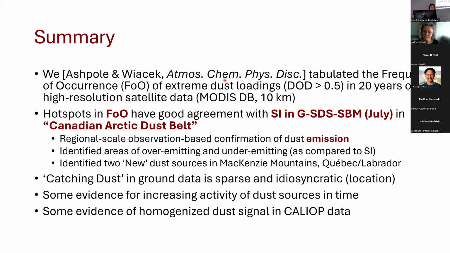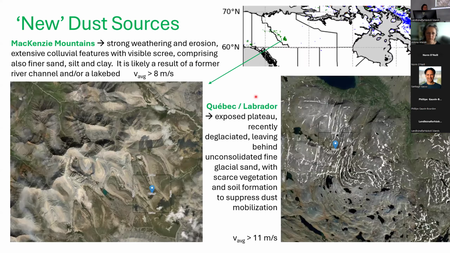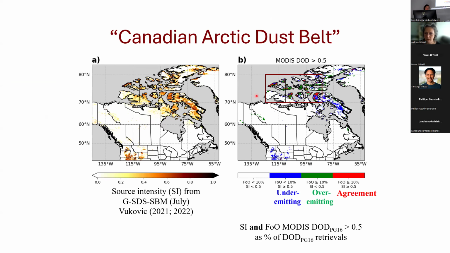Hi, thanks a lot for the very interesting talk. I have a question. It's not off topic, but then again, a little bit. Right in the lower right corner of the Canadian Dust Belt is the location where the Mary River iron mine is operating, right? I think they mine out approximately 6 million tons of ore a year that is then transported by haul trucks up to Pond Inlet.